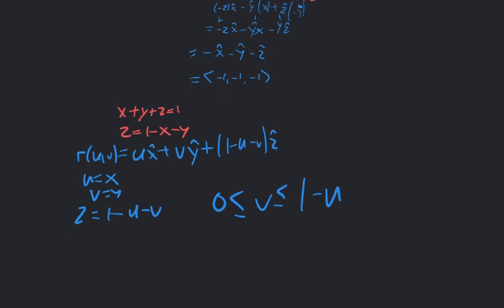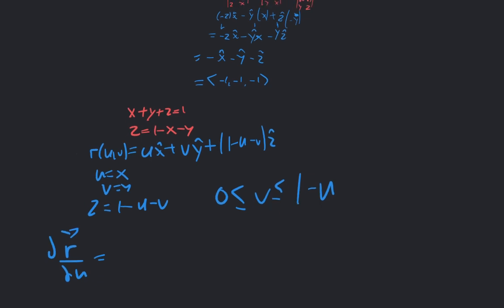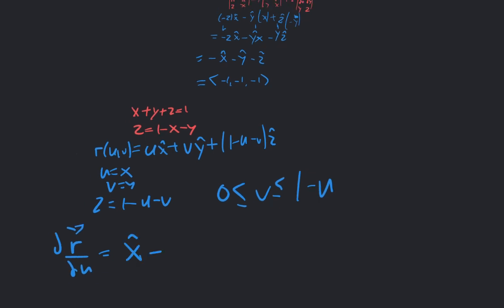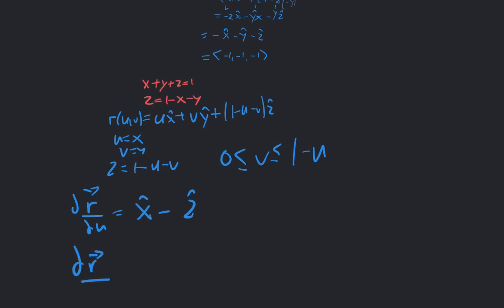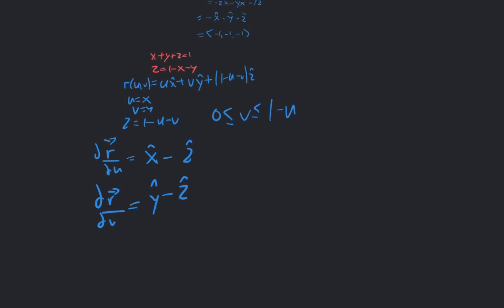And then we take our partial derivatives of r. Partial u is going to be x unit minus z unit, partial r, partial v, y unit minus z unit. And this looks eerily familiar to something else we've done before.